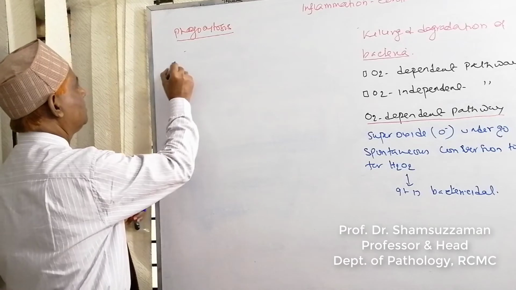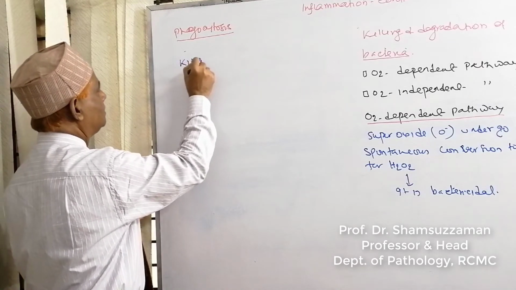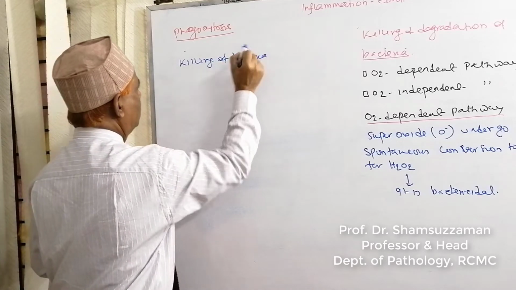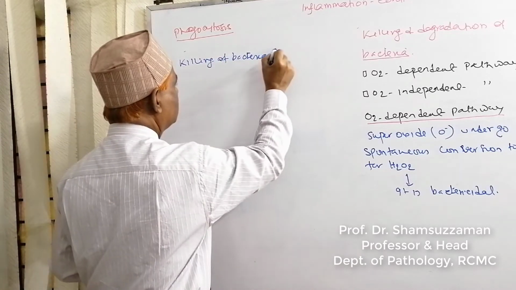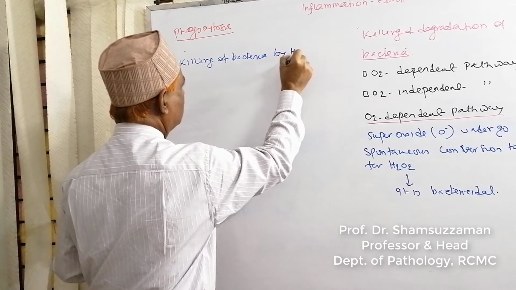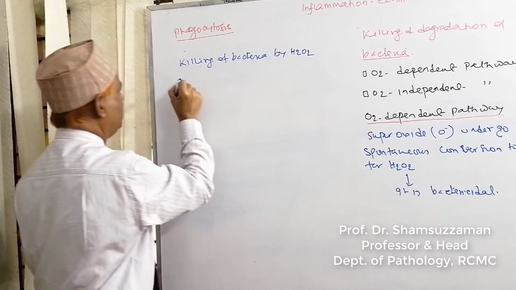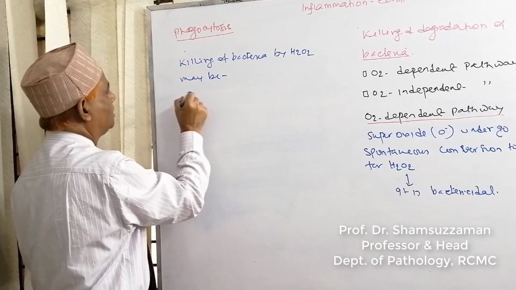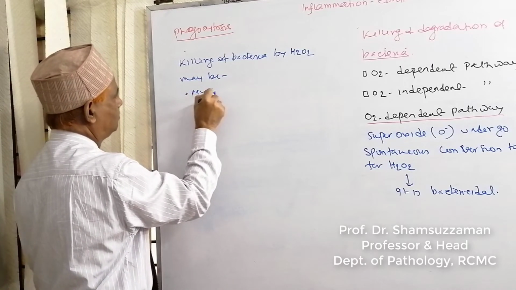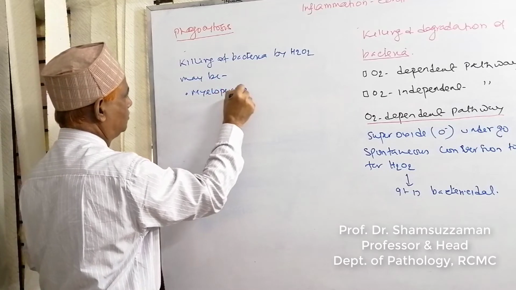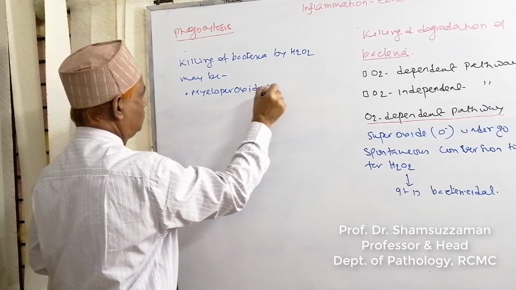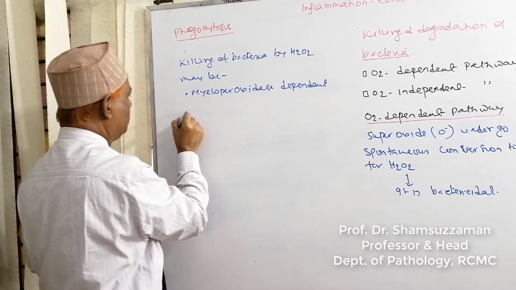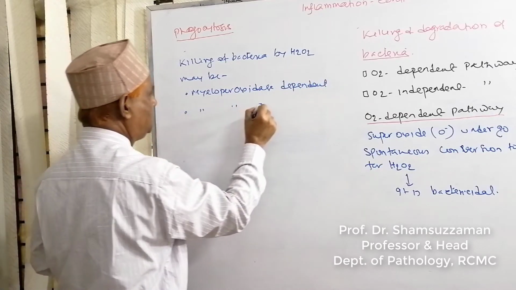So killing and degradation of bacteria by hydrogen peroxide may be myeloperoxidase dependent or it may be myeloperoxidase independent.